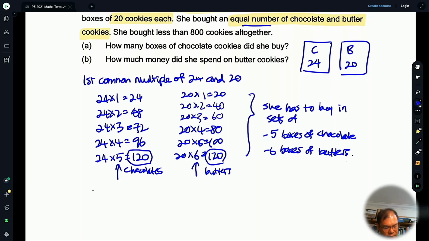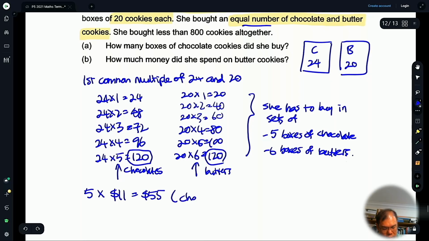So 5 boxes of chocolate cookies, each box is $11. That will be $55 for the chocolate cookies, and 6 boxes of butter cookies, each box is $12, so $72 for the butter cookies, right? So this is one set.